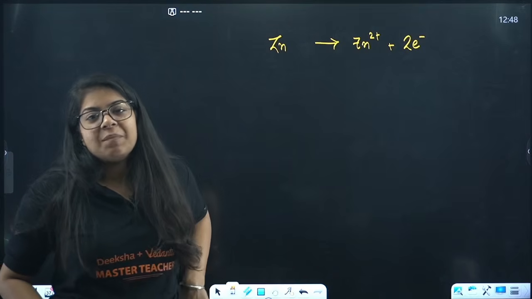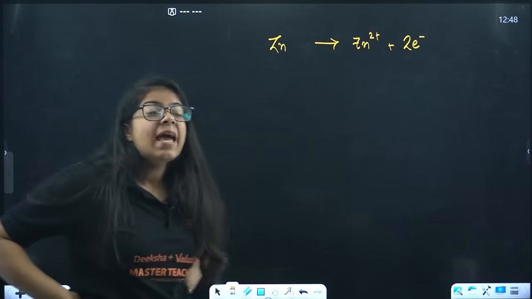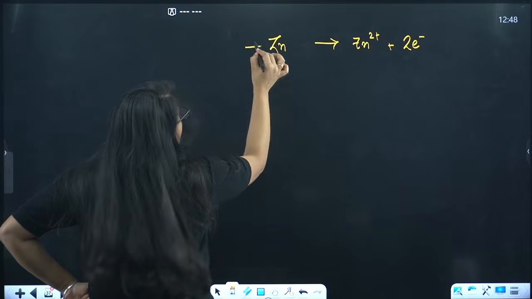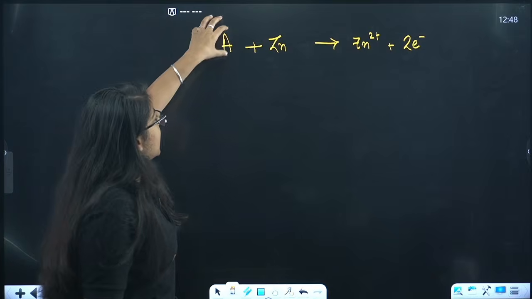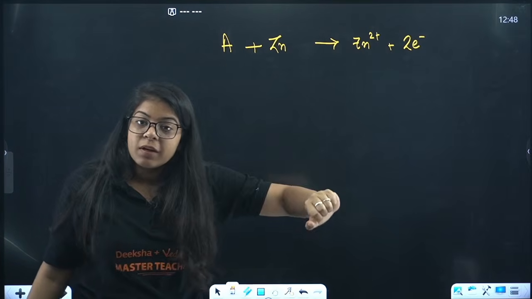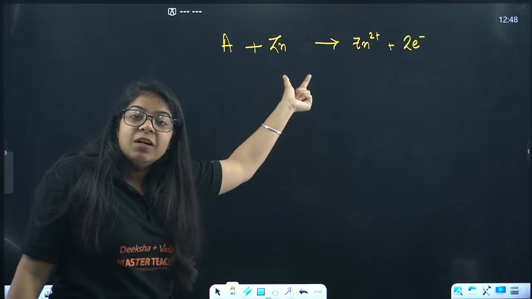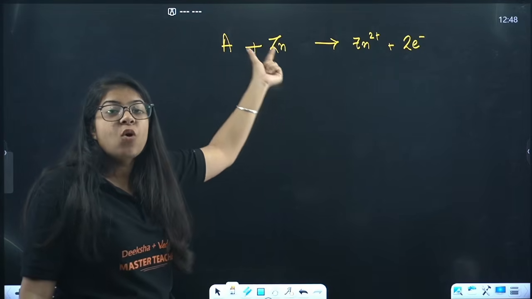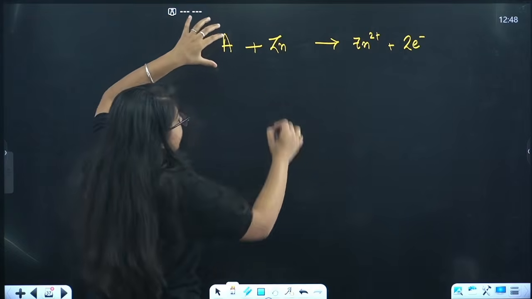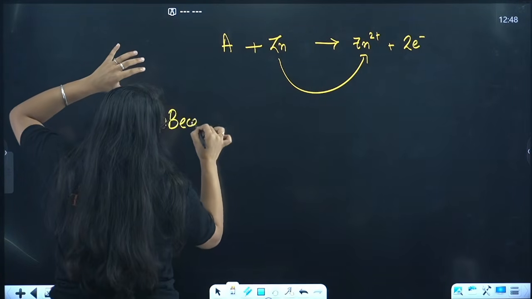Maybe I am giving some heat or light or whatever, or I added an element A. Now because of this A, Zn lost electrons, right? So A helped to oxidize zinc. Because of A, oxidation of zinc happens. Let me write it down.